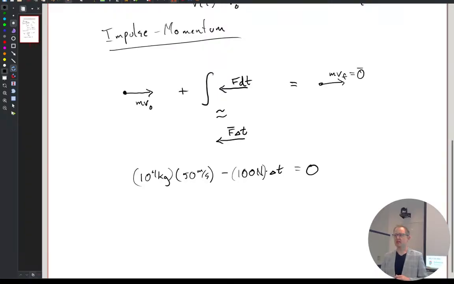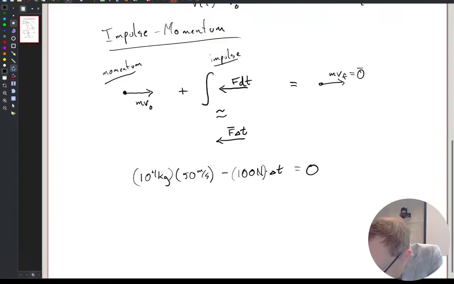What's the difference between impulse and momentum? So this one is momentum over here. This is impulse.